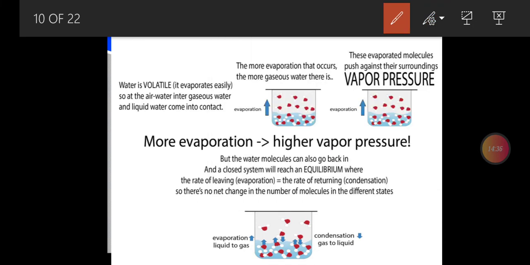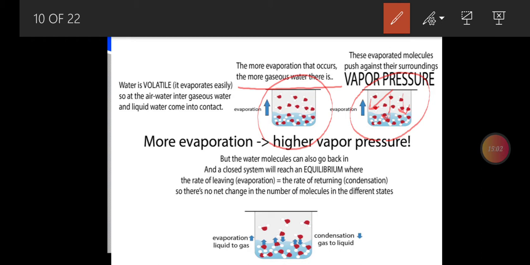The more evaporation occurs, the more gaseous water there is. The rate of evaporation increases. These evaporated molecules push against their surroundings. They start exerting pressure. The more molecules there are, the more pressure they put on the walls of the container as well as on the surface of the liquid.